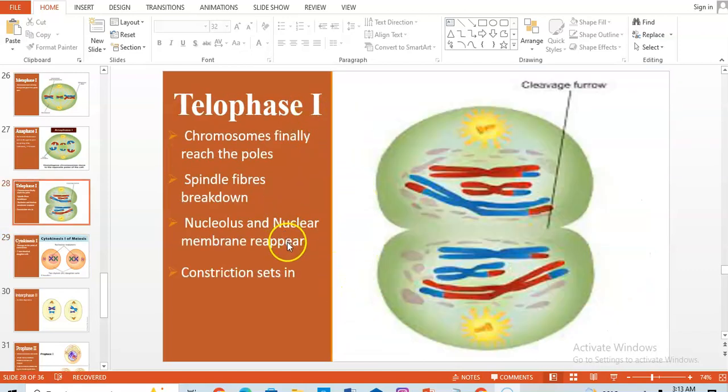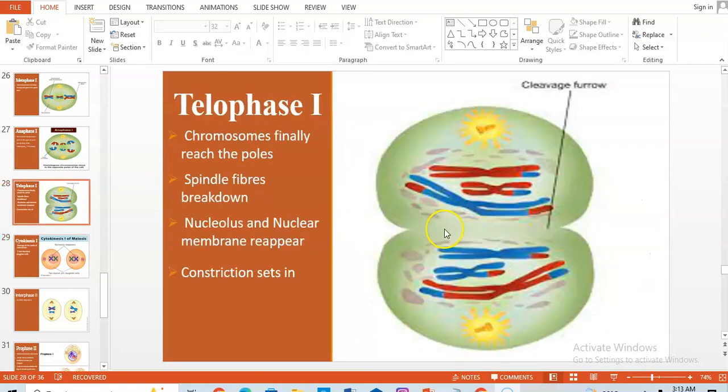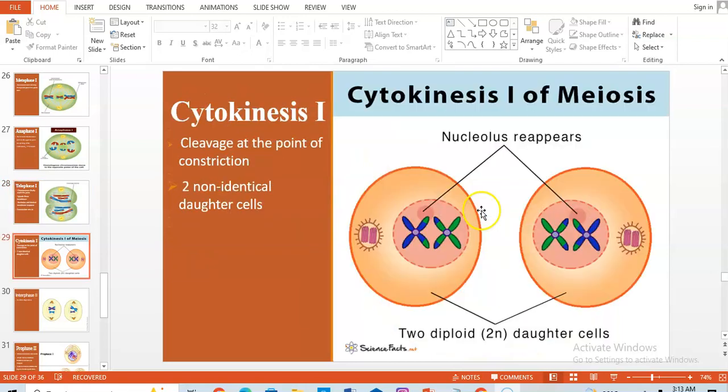After the cell has gone through karyokinesis and telophase 1, it goes into cytokinesis 1, where the cytoplasm divides. A cleavage occurs at the constriction, and the result is two daughter cells that are non-identical.